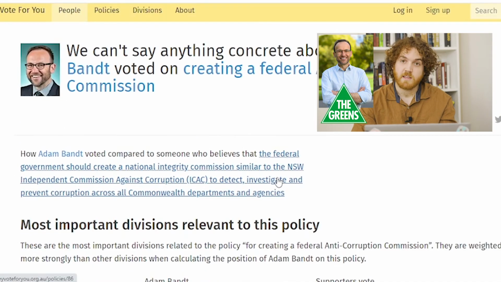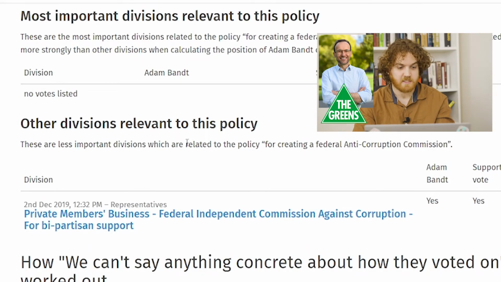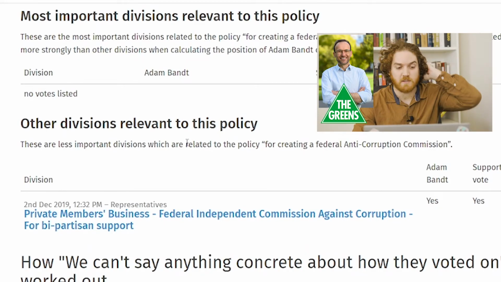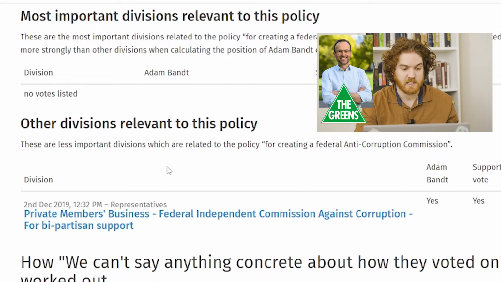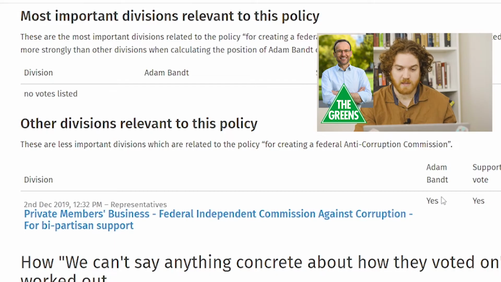We can click on that to learn more, and it shows that there has only been one vote in the House of Representatives. 2nd December 2019, a private member's business for a federal independent commission against corruption, calling for bipartisan support. So Adam Bandt has voted yes in support of a federal ICAC, but because that is only one vote, you can't really weight an average based off that. So this site has said that it can't determine anything concrete about that.